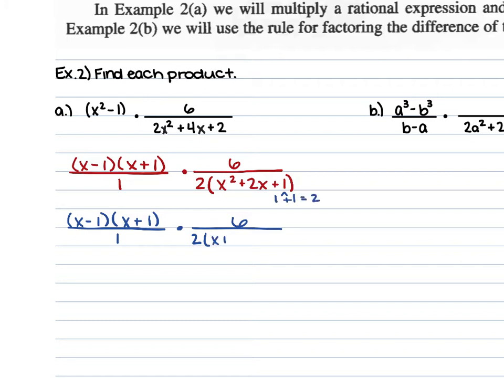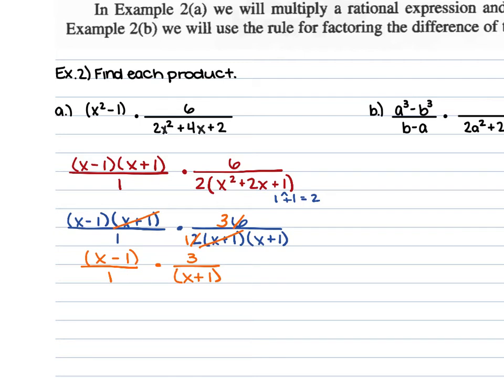So this is x plus 1 times x plus 1. Your 2 and your 6 of that second fraction can simplify. The 2 becomes a 1, the 6 becomes a 3. The first fraction has an x plus 1, so that cancels with one of the x plus 1s in the second fraction's denominator. From here, you only have x minus 1 over 1 times 3 over x plus 1.